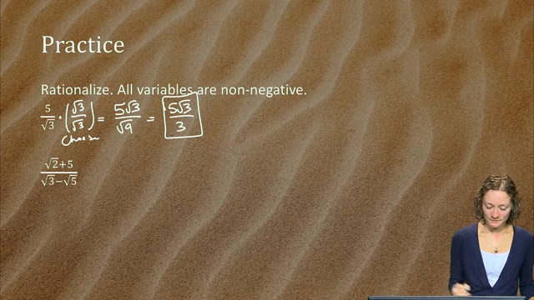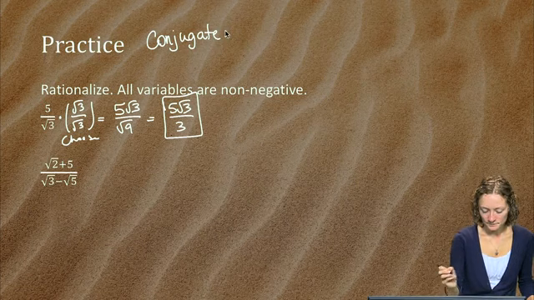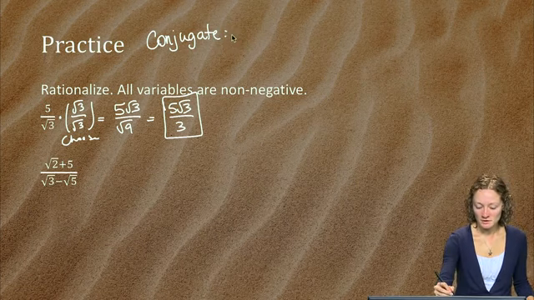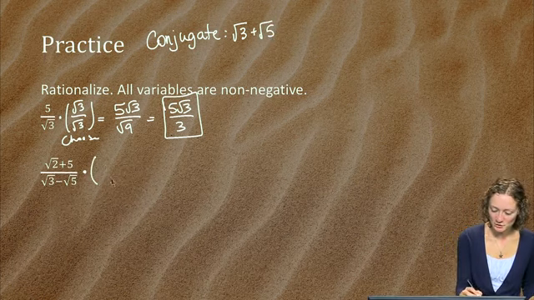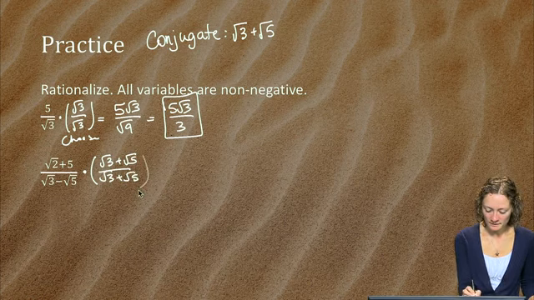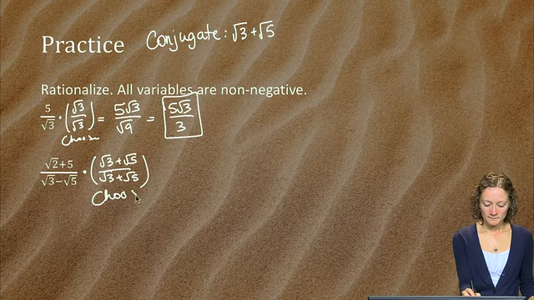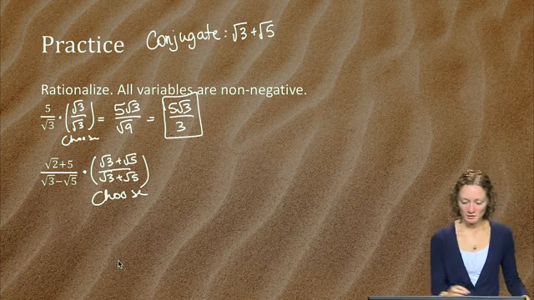Okay, the second one, we need the conjugate because we have 2 terms. This one has subtraction in the middle, so the conjugate will have addition in the middle. So this is what we choose to multiply the top and bottom by. Then carry out each multiplication.